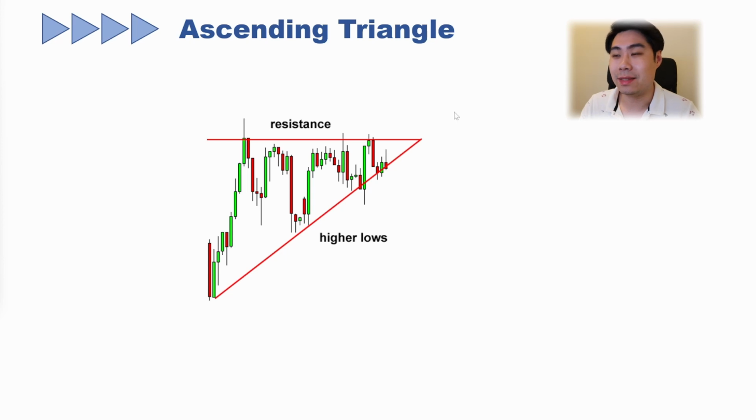Again, that just means that buyers are winning even more, so it probably means that the price is likely to break up further. So what I'm trying to say is that instead of memorizing the names and the shapes and trying to fit the shapes to the charts that you see, understand it. That way it is more likely for you to actually win more.